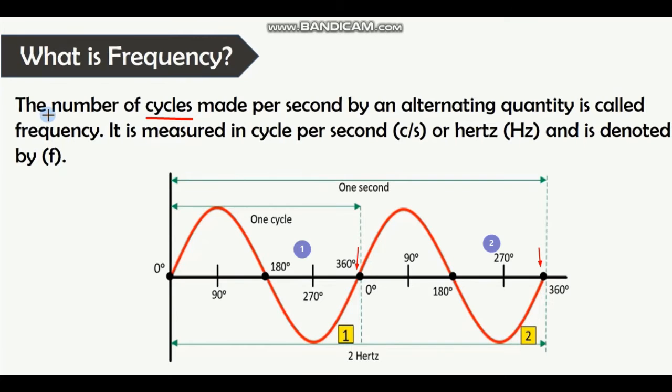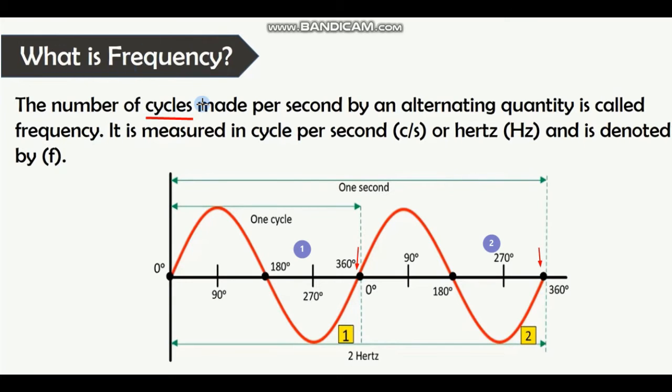So when we go back to the definition, we find that it is the number of cycles made per second. How many cycles do we have here? We have two cycles. In how much time? In 1 second. So we got the meaning of frequency.